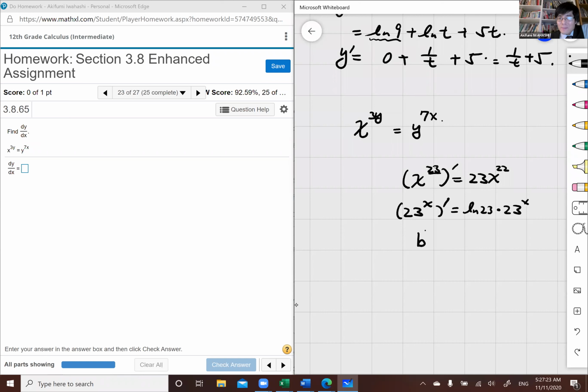When you have b to the power of x, its derivative is b to the power of x, but you have to multiply it by ln of b. In case you have e, it's e to the x times ln of e, but ln of e is equal to 1, so it becomes much nicer than any other base.